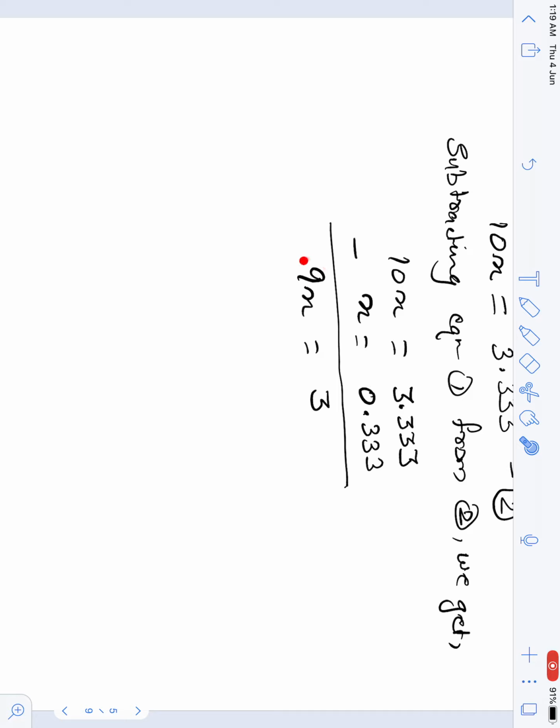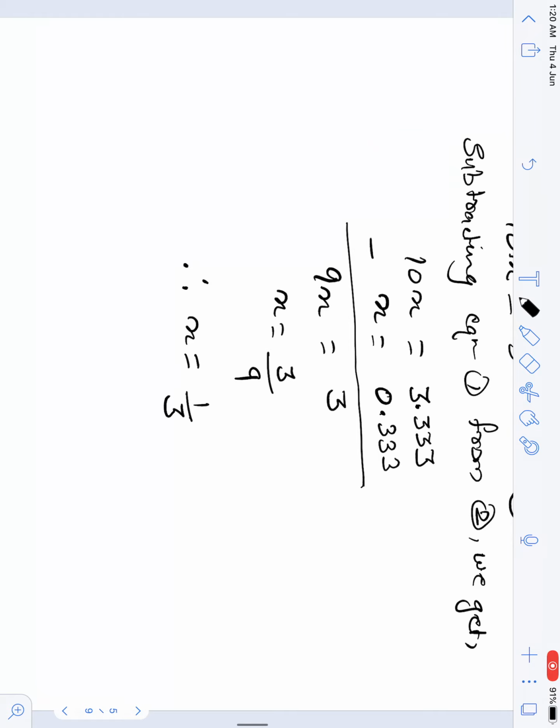It is multiplying here, so if you change its side, it will divide on the other side. So x equals 3 upon 9. Therefore x equals 1 upon 3. We have written it in the lowest form because it is the standard form. So now we have converted it.